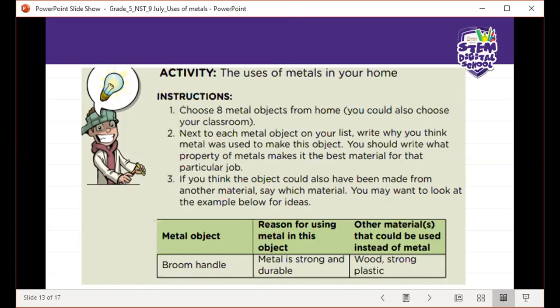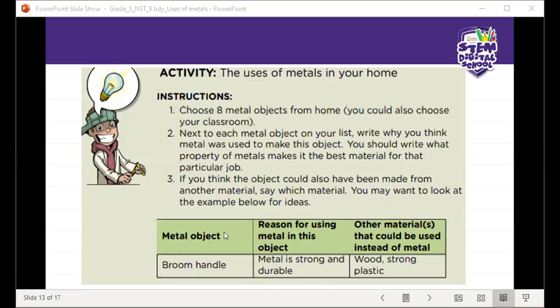Okay, so the second instruction says next to each metal object on your list, write why you think the metal was used to make this object. You should write what property of metal makes it the best material for that particular job. Okay, so remember, properties of metals. If you guys remember, we said that metals are usually shiny, metals are hard and they feel heavy.